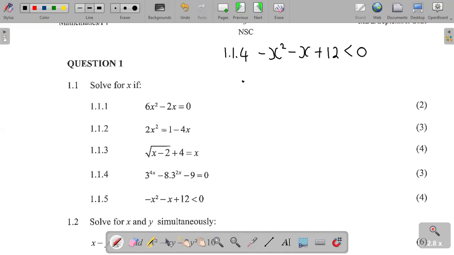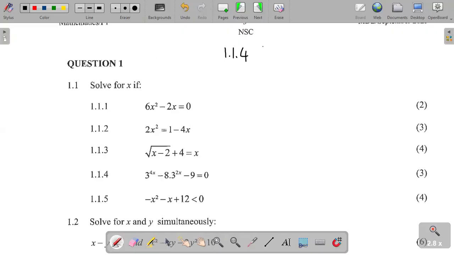So it means therefore, oh no, that's 1.1.5. Sorry. We're looking at number 4 now.